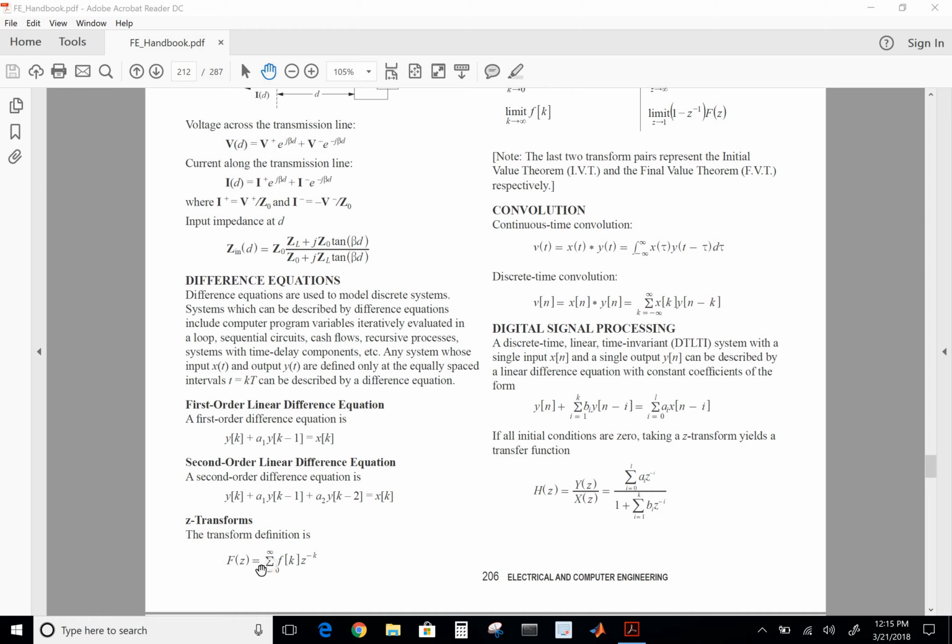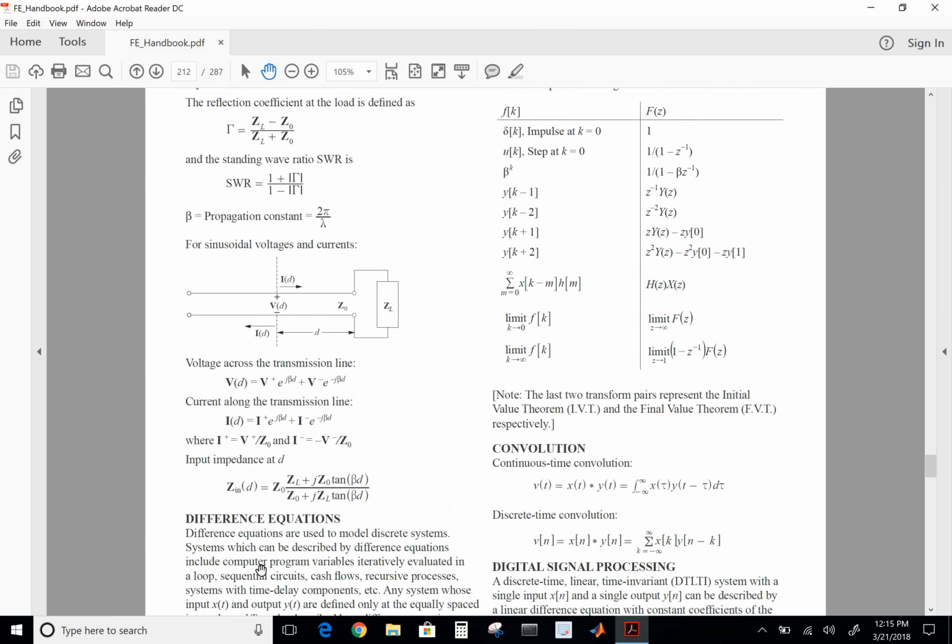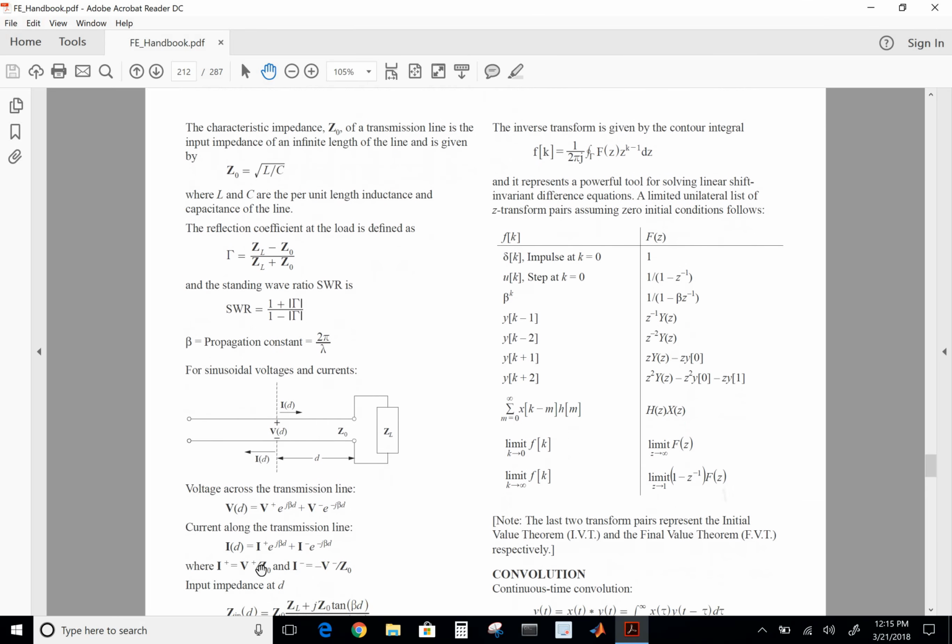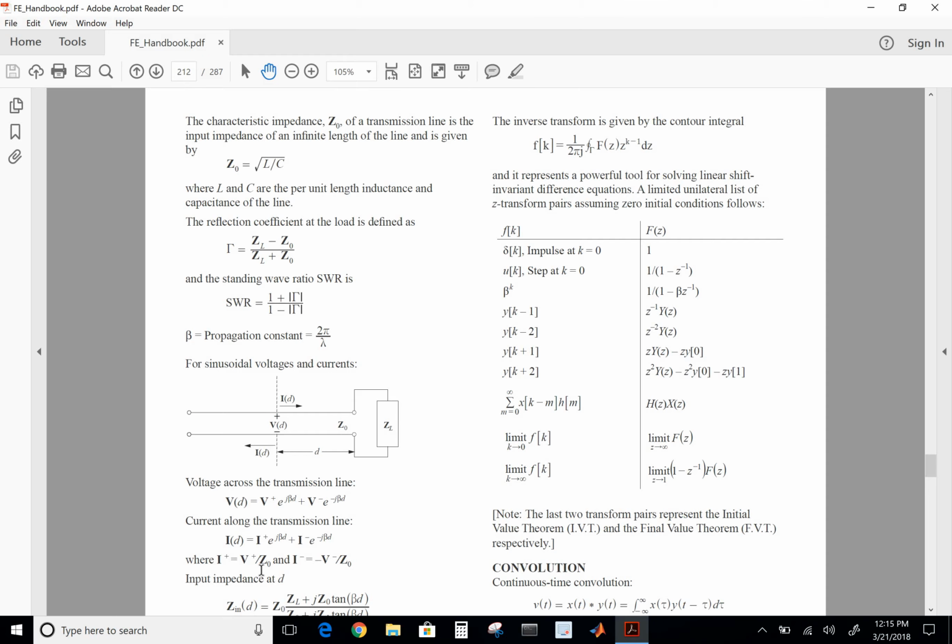This is going to be very important, especially for those z-transforms that you'll have to derive. If we go up a little bit, we have a table of commonly used z-transforms, and there is our delta function right there. We're told that the z-transform of our delta function is equal to 1.